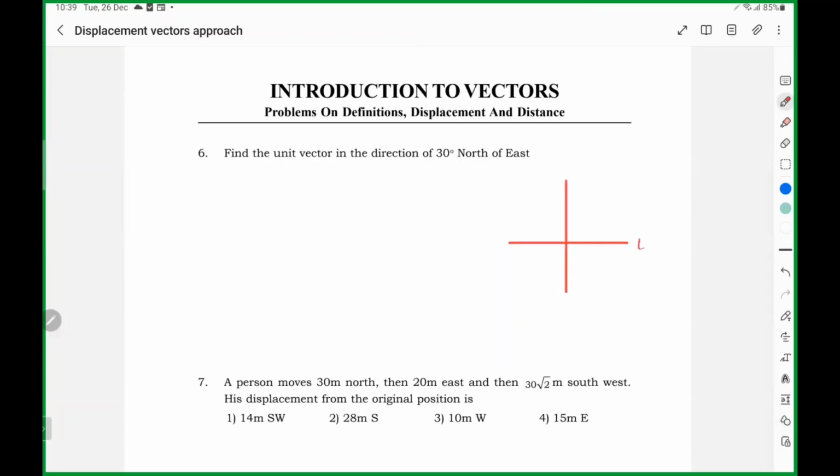And here the unit vector; this I already discussed: east, north, west, south. Here, 30 degrees north of east means east to north. That is, starting from east, he is moving towards north by making an angle of 30 degrees with east. How to find the vector along OP?